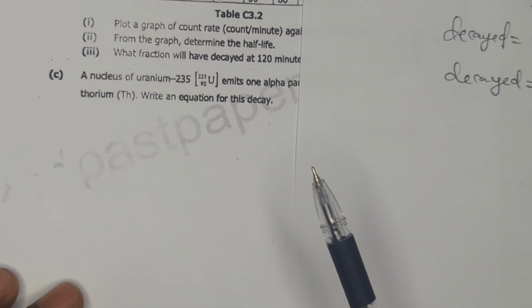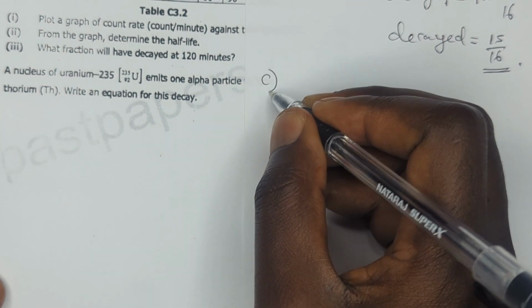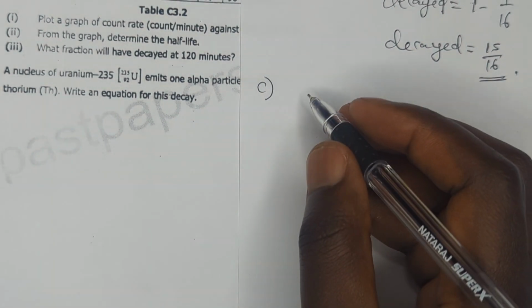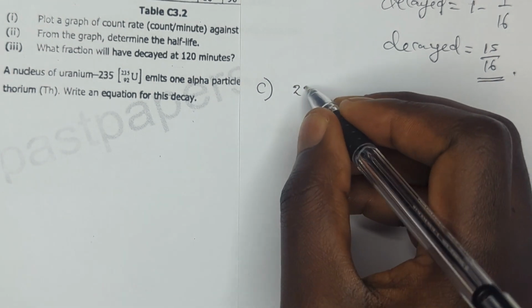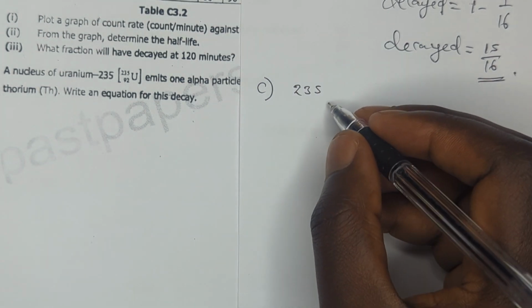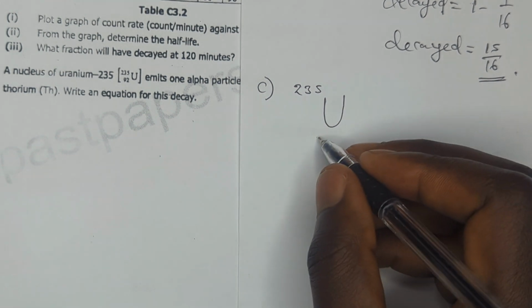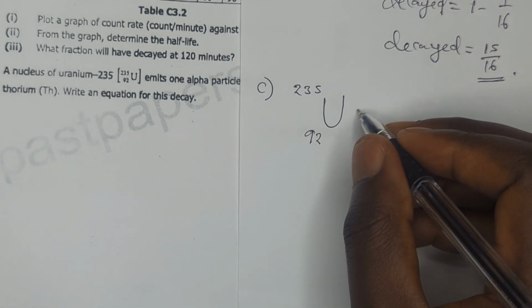So here, number C, we've been given uranium 235, so this is its nuclide notation.